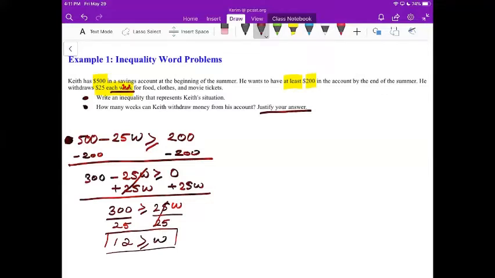So that means anything that I need to have is 12 or less, because W is less than or equal to 12. Let's rewrite this one in the standard form. W is less than or equal to 12. Okay, this is the standard form. Just flip the inequality.